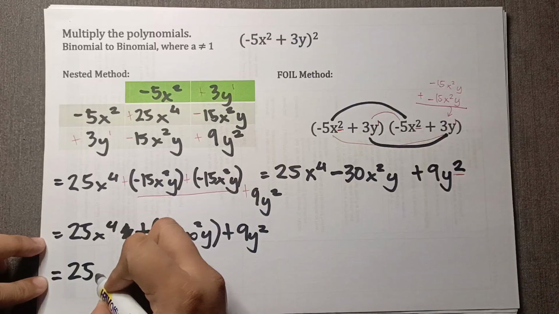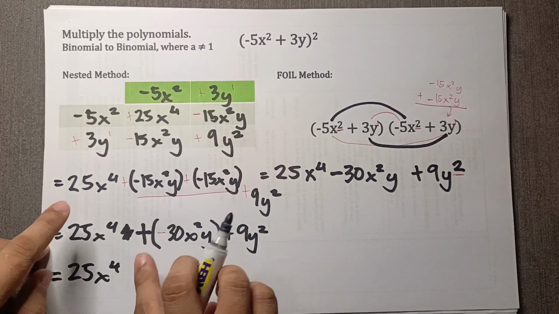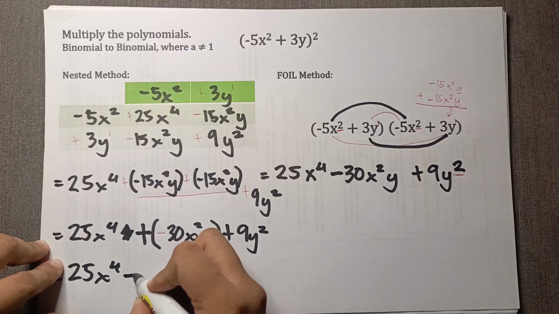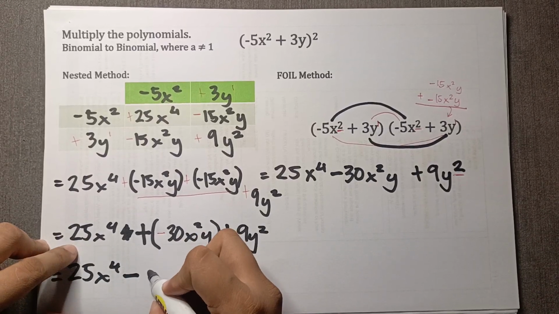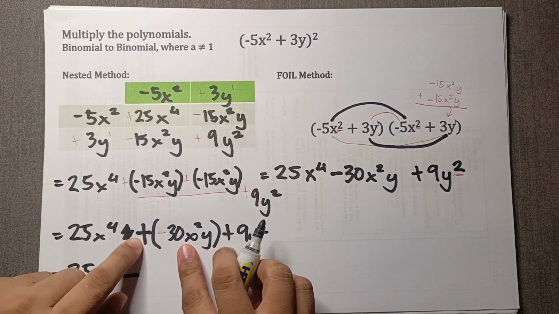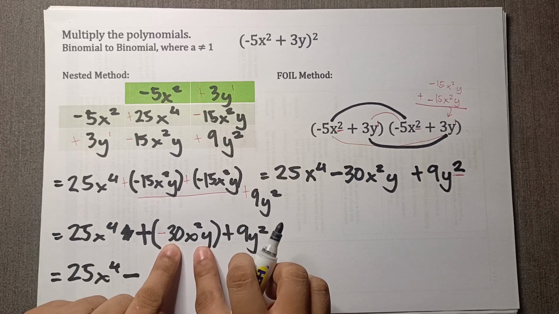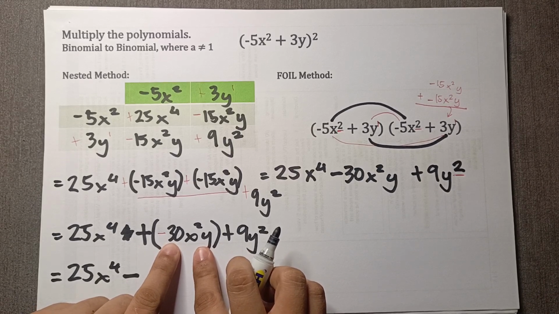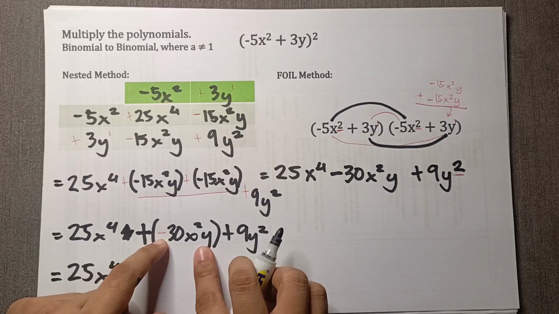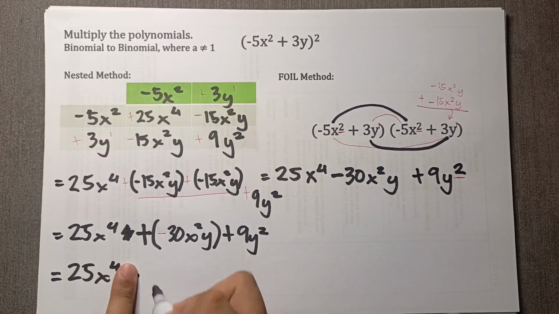Okay, finalizing on this one. Pag nakita tayo ng ganito format, we transform it into minus, kasi nga ito ibabalik natin into subtraction. So, magiging subtraction to, and yung nasa loob, ang magiging sign na niya ay yung kabaliktaran. Since it is a negative, that will become a positive 30.